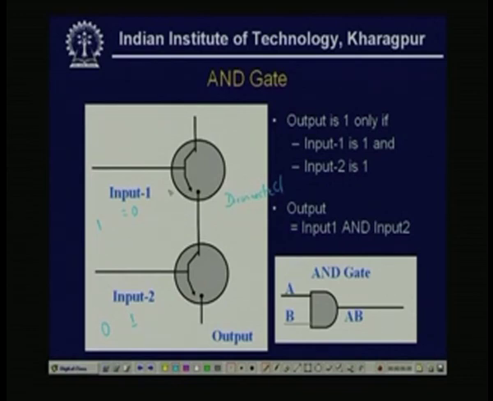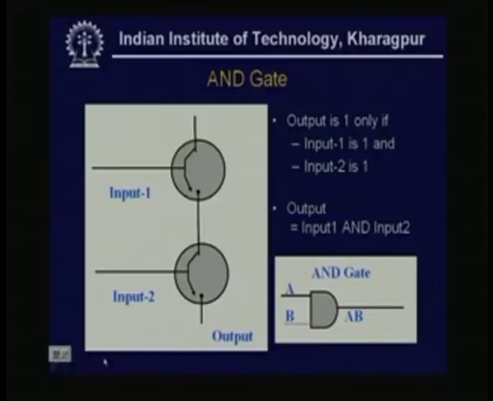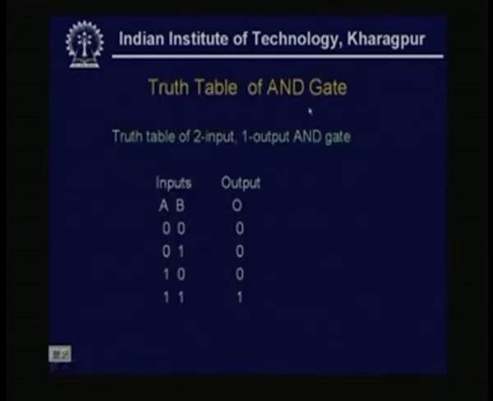Now, if we represent this in truth table fashion, we describe the input output relation using zeros and ones, where 1 means some high voltage and 0 means some low voltage, but instead of voltage levels I am using 0 and 1, and that we have defined as the truth table. So let us see the truth table of the AND gate.